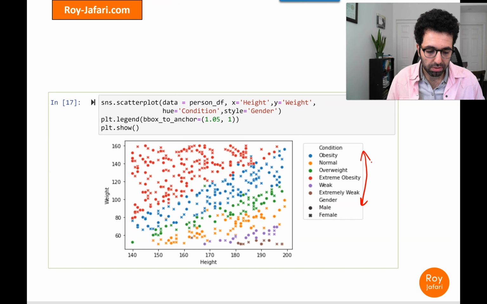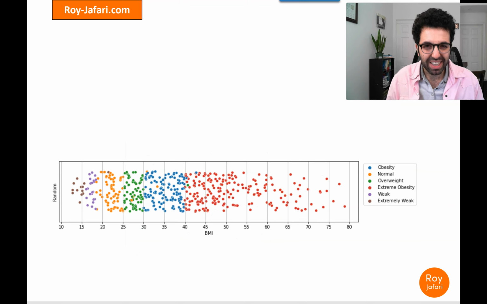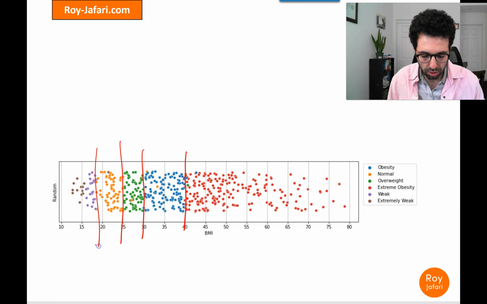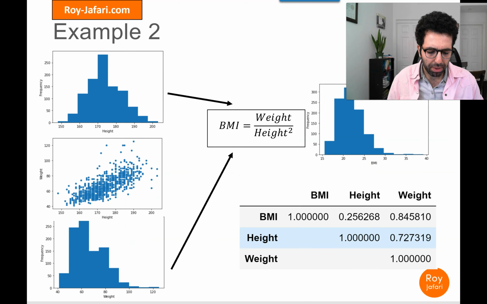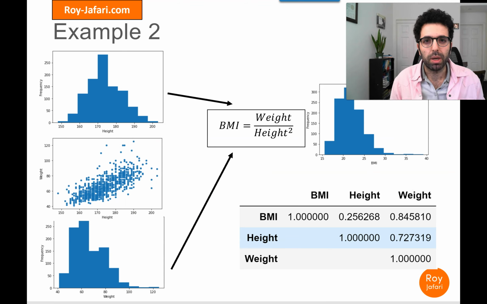But once we do this attribute construction, we can condense those two attributes into one, and by knowing just BMI, just one value, we could see if someone is healthy, normal, weak, obese, and so on and so forth, right? So when we go about attribute construction, we have to be positioned well to be able to come up with such a formula.